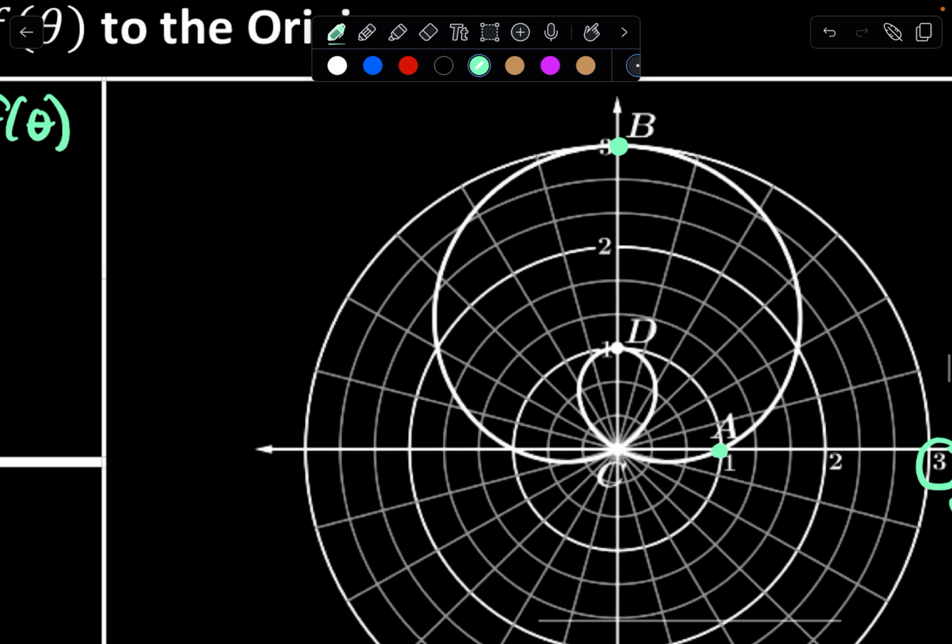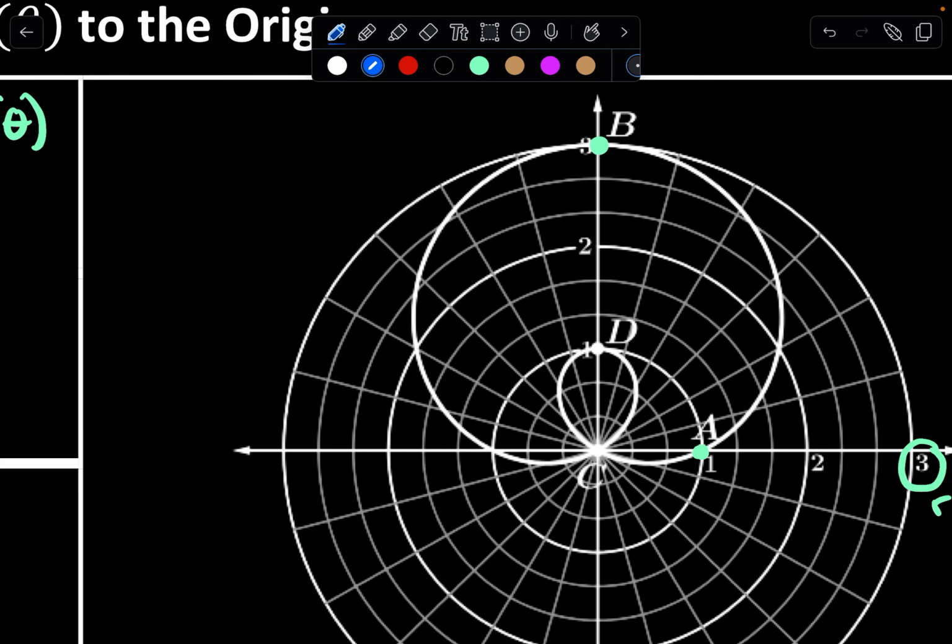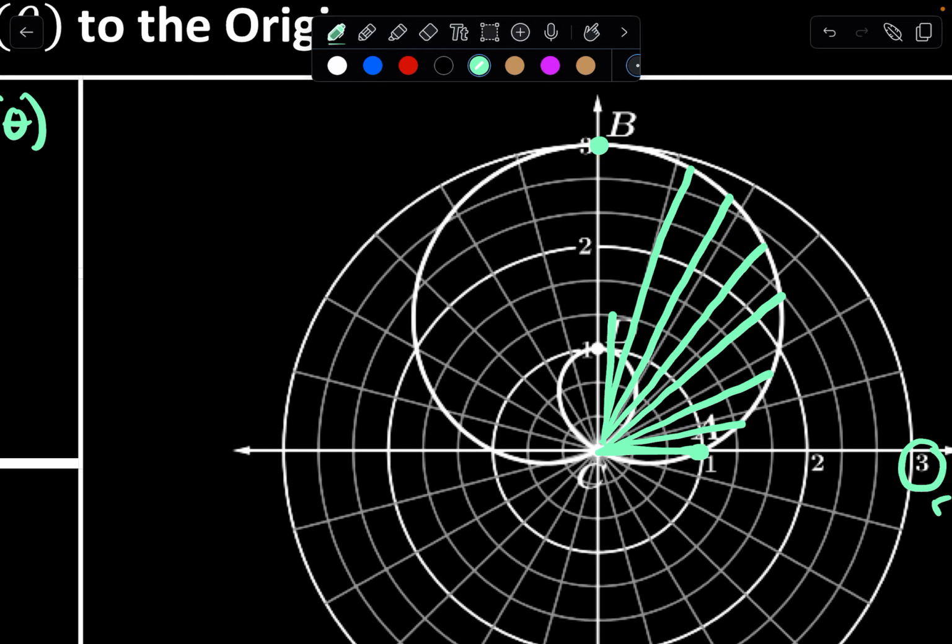So if we think about this visually, I have this point here at A. So at point A, I see that the distance from the pole to here is going to be 1. All right. So my radius is still positive, and as I travel through, the distance from the pole is increasing because the radius is positive and the radius is also increasing.